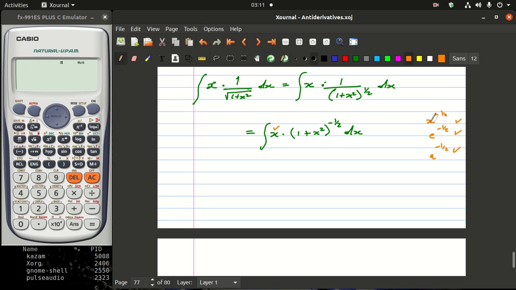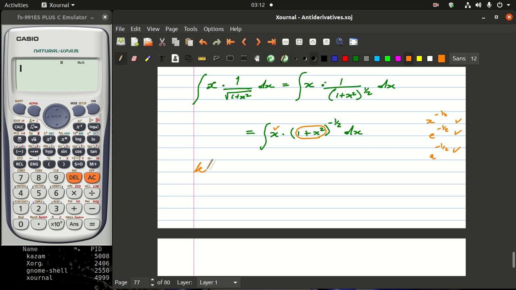But instead of having an x or e or a, I have a function sitting in the value of these things, and that is the one giving me a problem in taking the antiderivative of this whole thing.